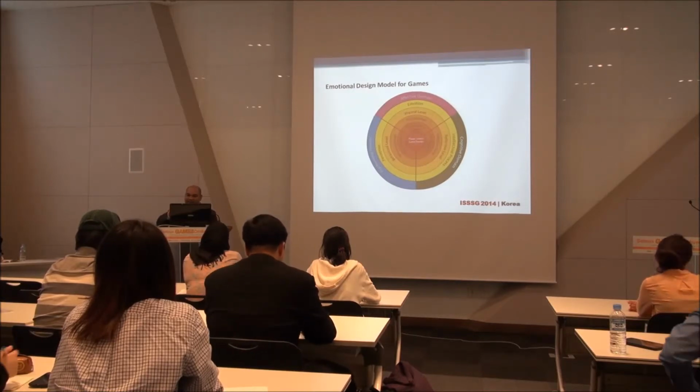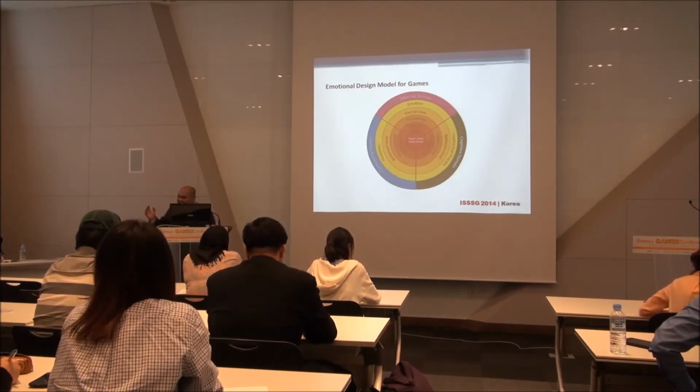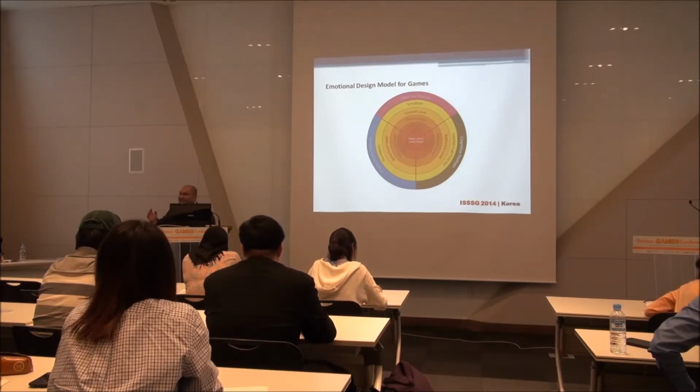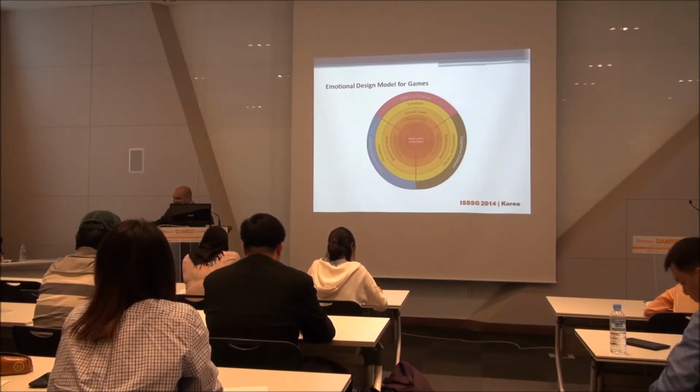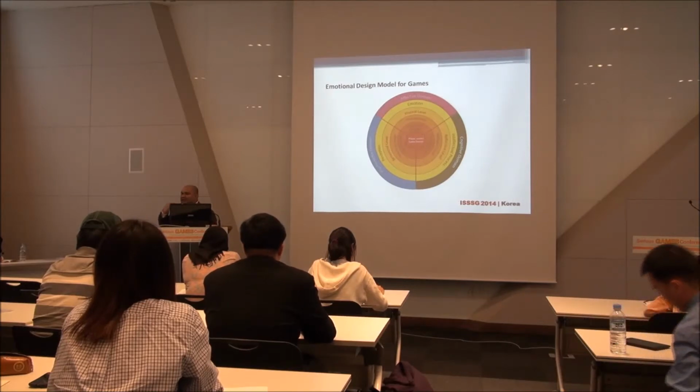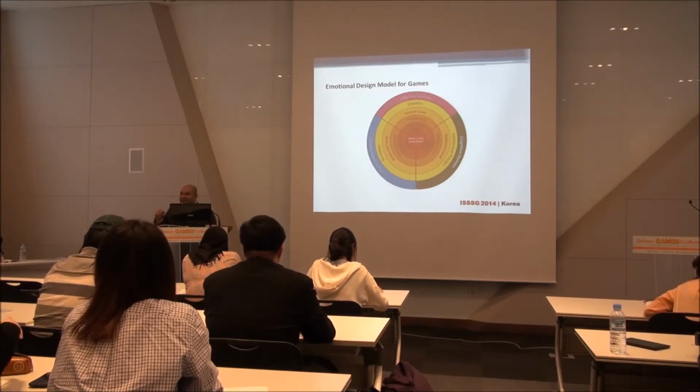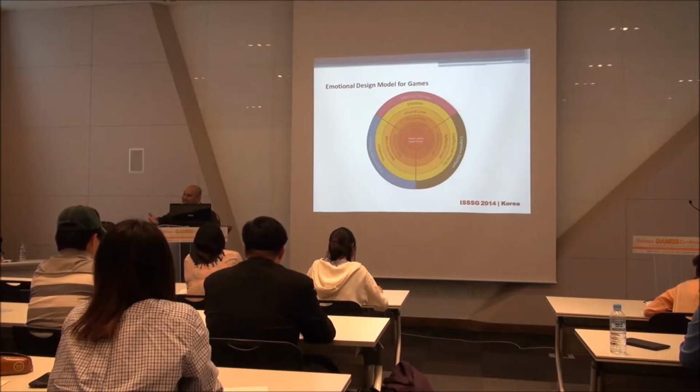So I bring the emotions to the visceral level. Visceral level is an automatic process from our brain, right? So if you want to design, it goes to the visual appearance. What kind of games do you want? What kind of concept for the games, for example? What kind of character?